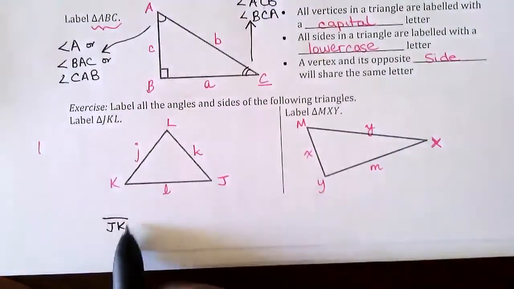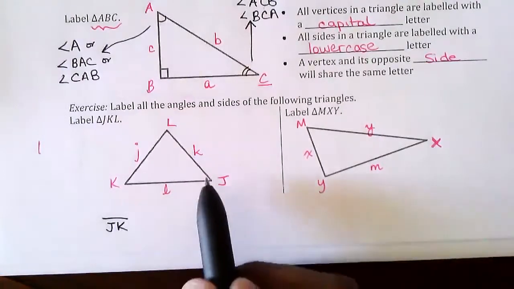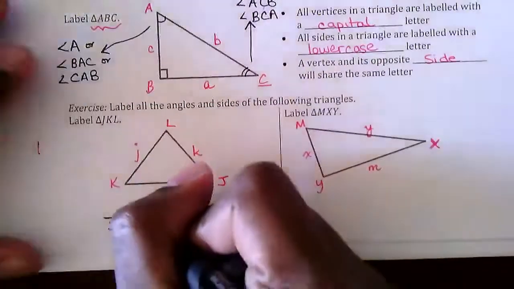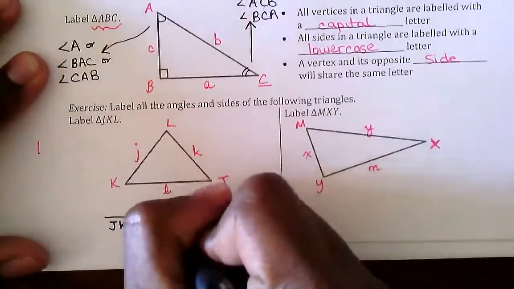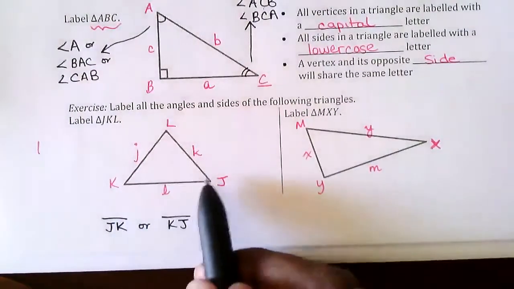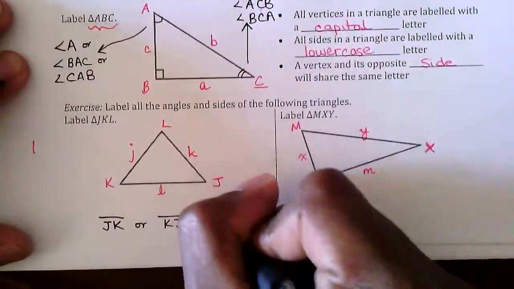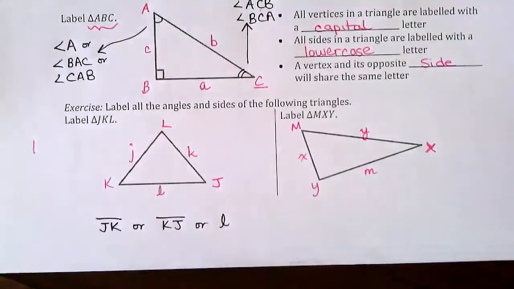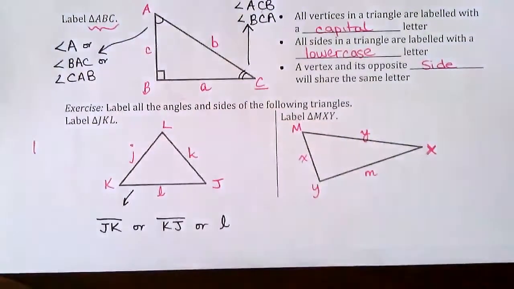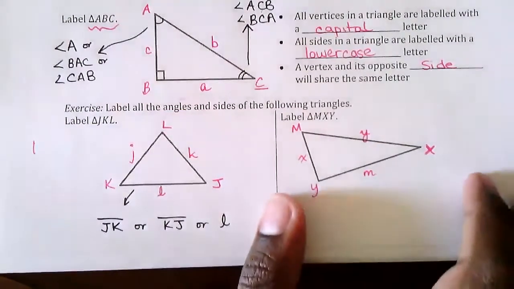So this line above means look at the line segment that connects J and K. So the line segment that connects J and K is right here. I can also call this KJ. Find the line segment that connects K and J, or I could just simply call it l. So there are different ways to name these side lengths as well. So you just need to be familiar with all of these notations.